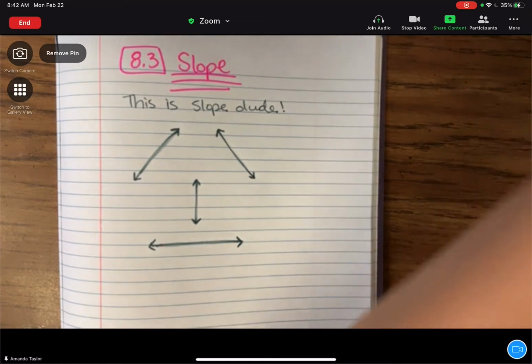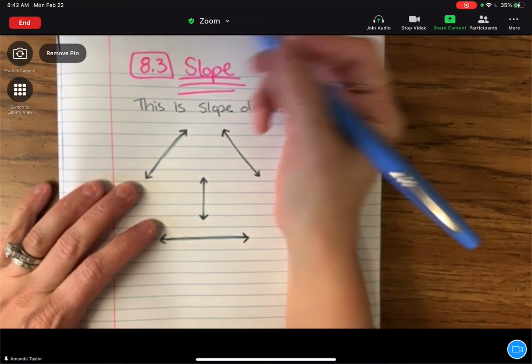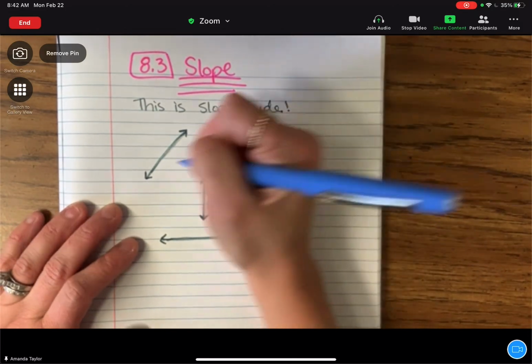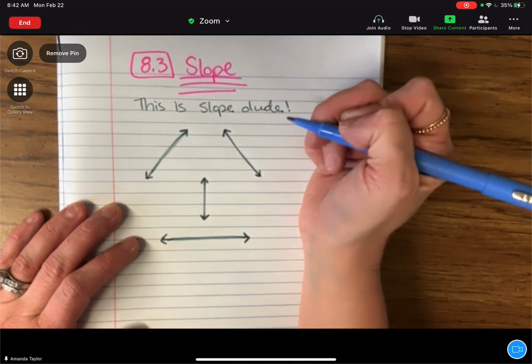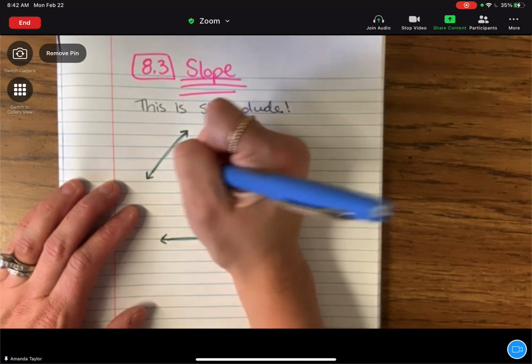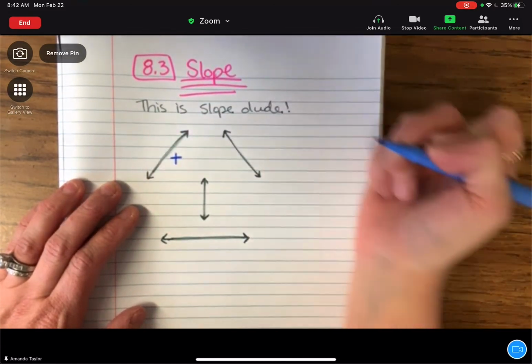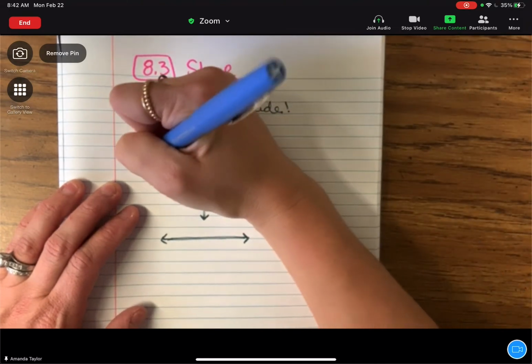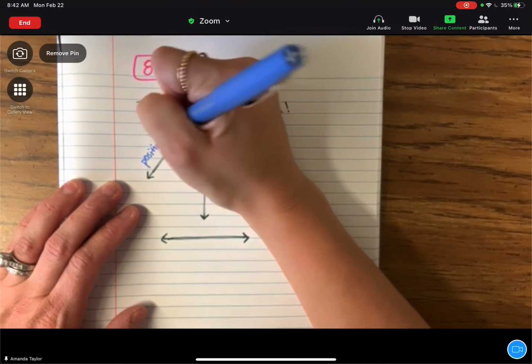All right, we're going to jazz him up a little bit. I'll use blue. He does kind of look angry, or depressed. I'm going to give him some eyeballs. This eyeball is going to be a plus sign because this is a positive slope.